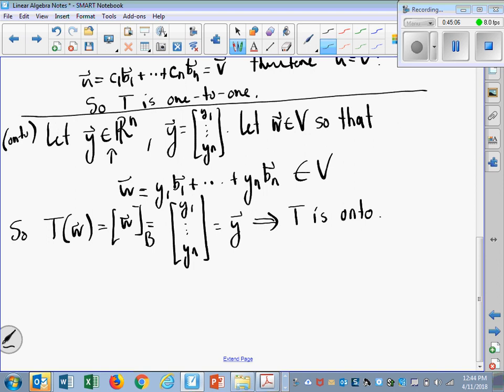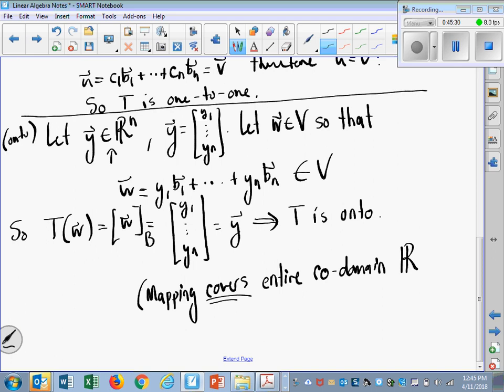So let me write that down: mapping covers entire codomain. What is the codomain? The codomain is Rn. So the range is the codomain. Remember that distinction between the codomain and the range? They're not the same thing, but they are the same thing when the mapping is onto. In this case, they are the same thing, therefore the mapping is onto.